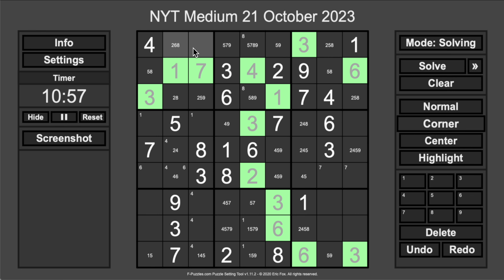Okay, so I put 6 in one of those two. Let's see, this cell sees 1, 3, 4, 7, 8.